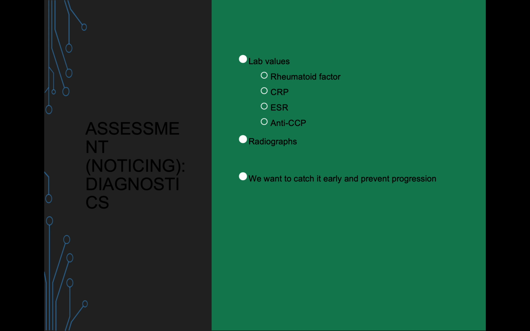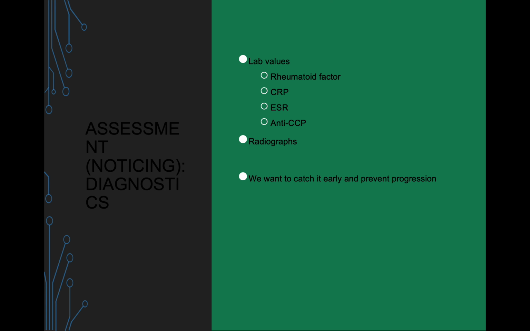A rheumatoid factor doesn't even diagnose rheumatoid arthritis. It measures the presence of IgG in the system, this rheumatoid factor. And even if it's elevated, it's just another piece of the puzzle that we can look at.